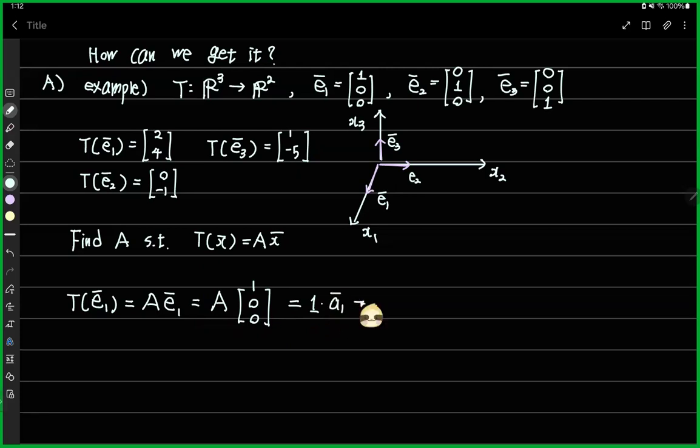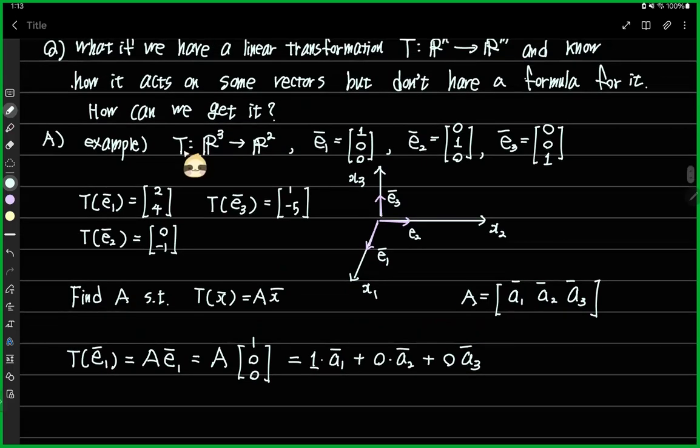A1 plus 0 times A2 plus 0 times A3. Here A1, A2, A3 mean the columns of matrix A. If we say A is [A1 A2 A3], how can you guarantee that matrix A has 3 columns? Because T is mapping from R3 to R2, so the matrix A is going to be a 2 by 3 matrix.